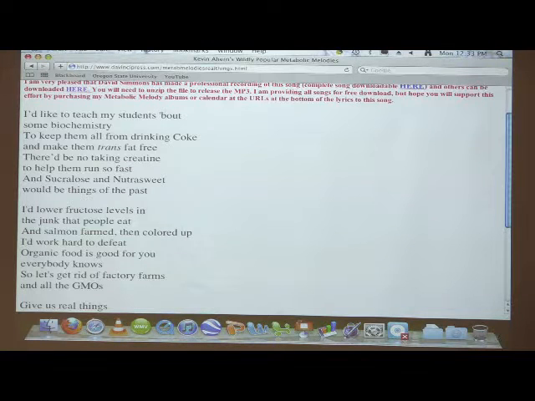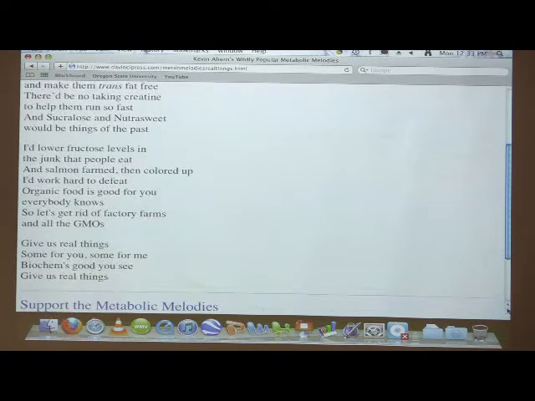And salmon farmed and colored up, I'd work hard to defeat. Organic food is good for you, everybody knows. So let's get rid of factory farms and all the GMOs. Give us real things, some for you, some for me. Biochem's good, you see. Give us real things.